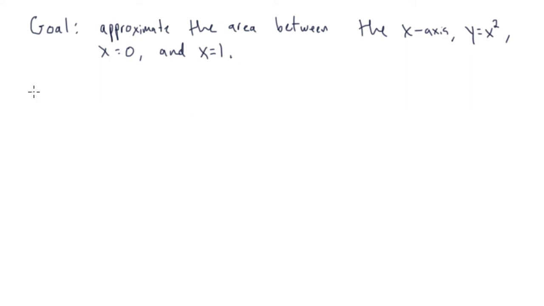Now I can use right endpoints, which I'll denote by the capital R, and then I'll put a subscript of n. So this is going to be n equally spaced rectangles.